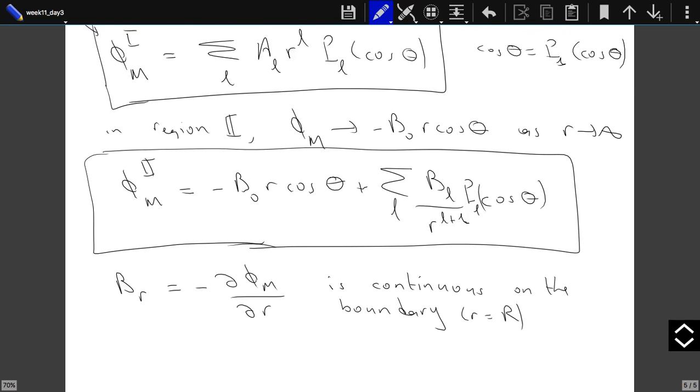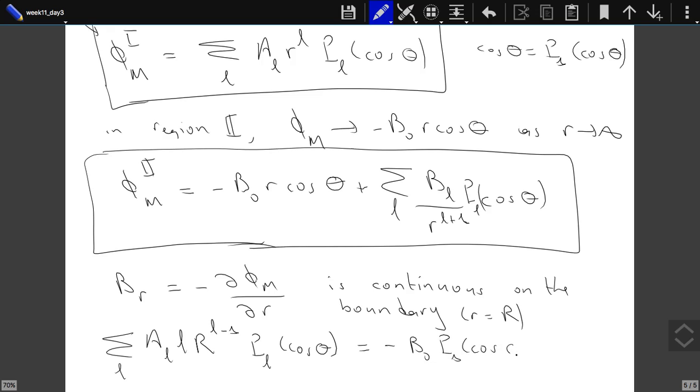So let's just take the derivatives. The sum of L A_L times L r to the power L minus 1 P_L of cosine theta should be equal to minus B0 P1 of cosine theta.